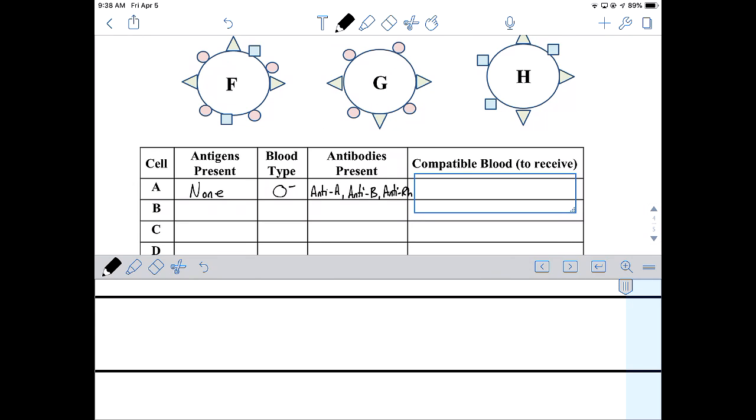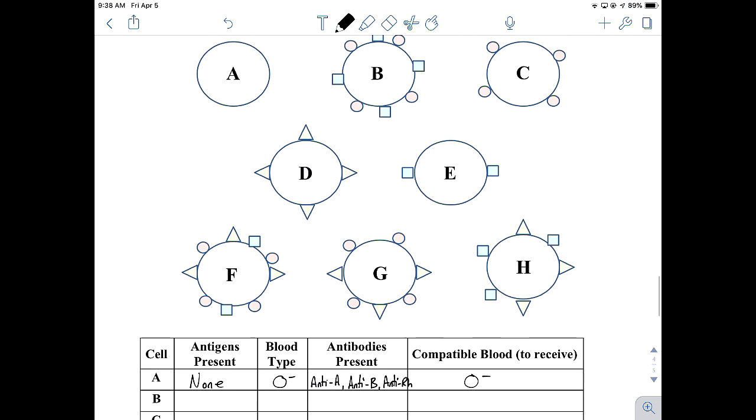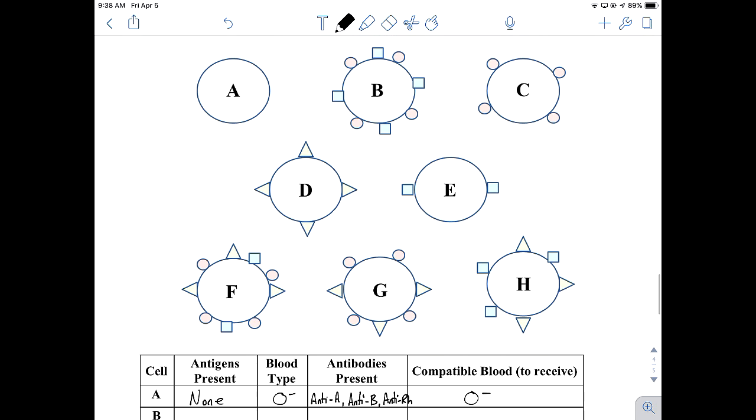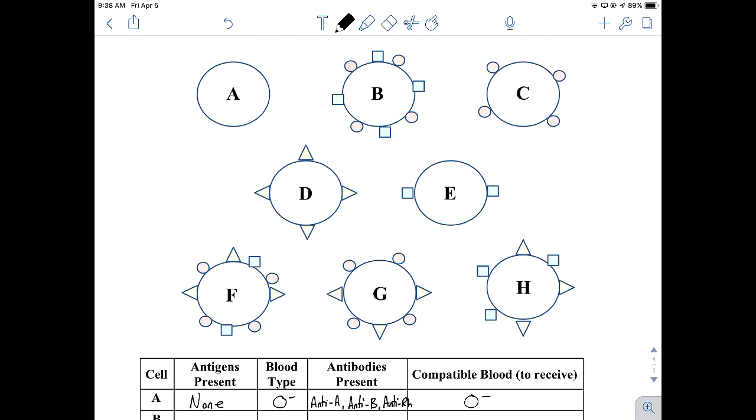And so, what blood could you donate to this O negative person? Only O negative, yeah. It is a universal donor, but it is not a universal acceptor. Okay, thanks everybody. I'm going to leave you with that to work. Please let me know if you need any help.